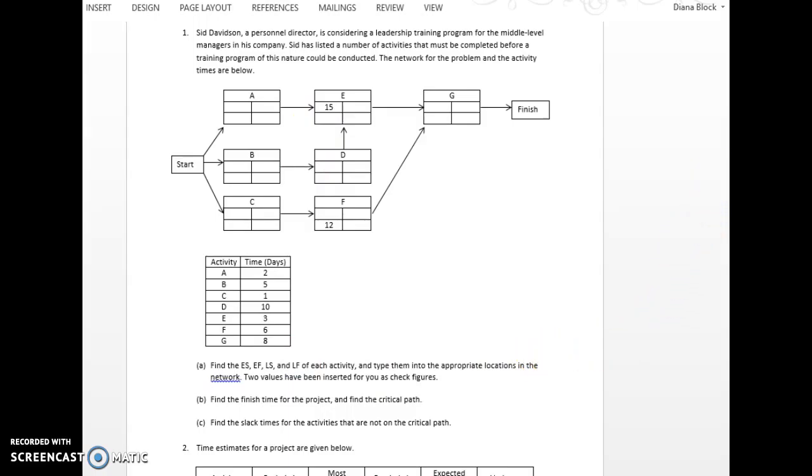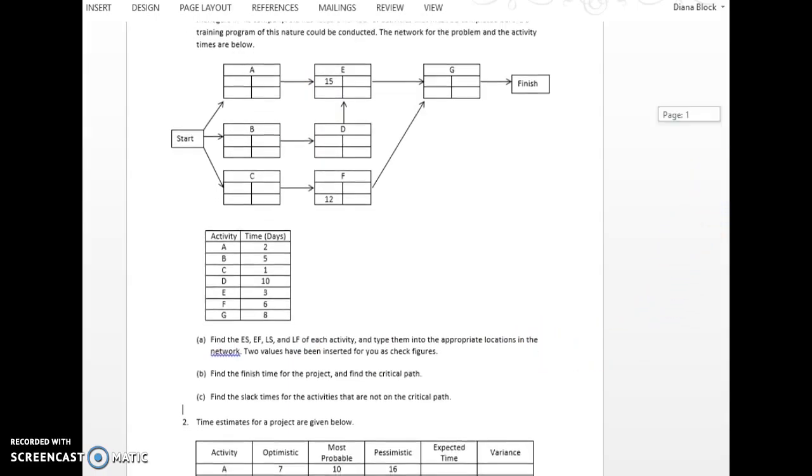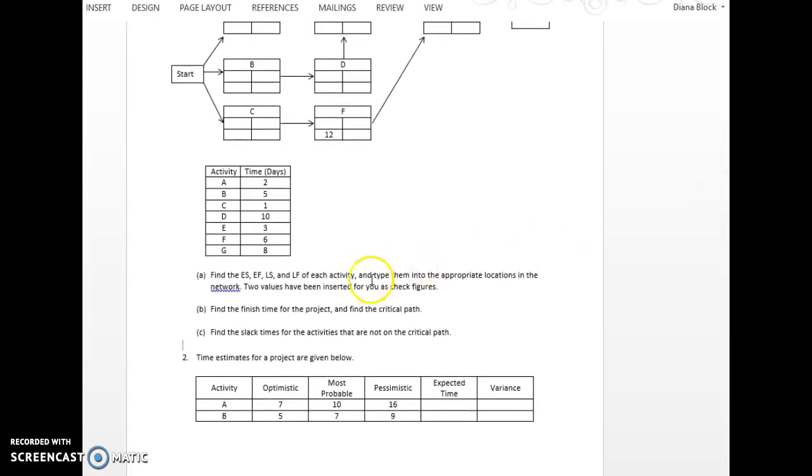So you'll have to work through those one by one. There's no shortcut on this type of problem. And so once you've done that, you'll be able to determine what is the critical path for this particular project. So the textbook will talk to you about what the critical path is and the finish time along that critical path. You'll be able to pick out which activities are on the critical path and list those there.